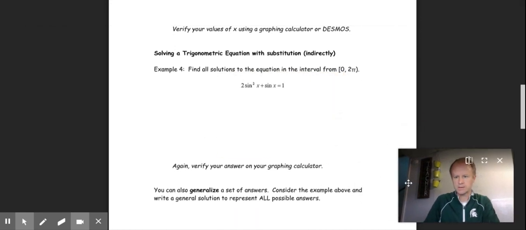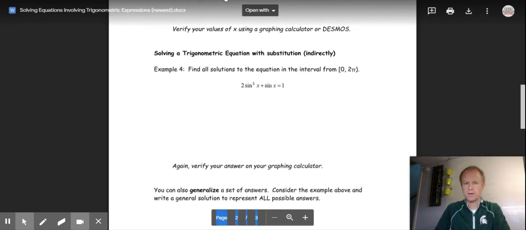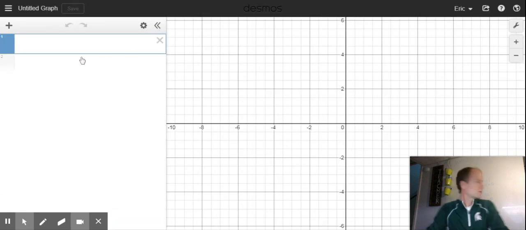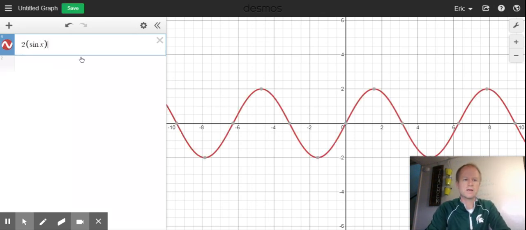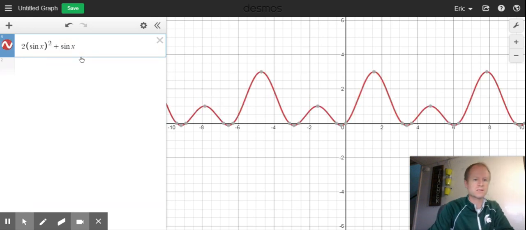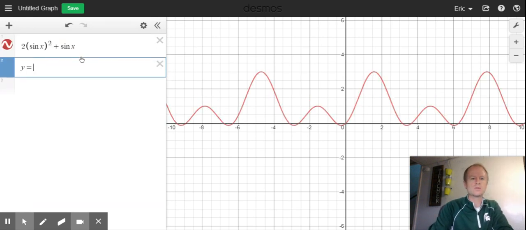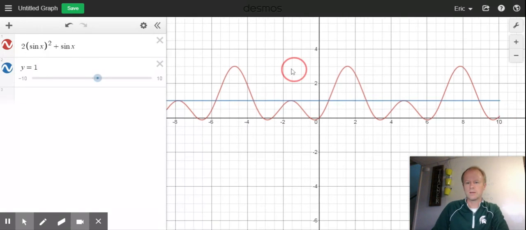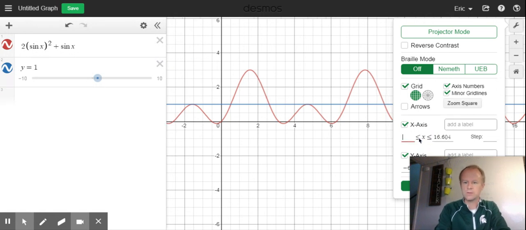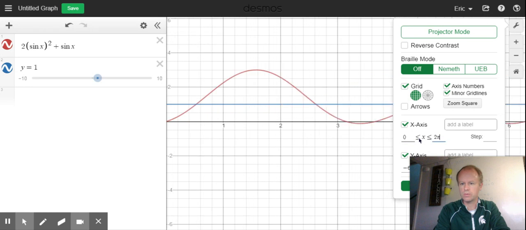If I wanted to go to Desmos here and type in the left side, we started out with 2 sine of x squared, and then we had plus sine of x, and we want to know when is that equal to 1. And we never want to lose sight of what we're really finding here. We're finding angle measures, and so these angles have to be between 0 and 2 pi.